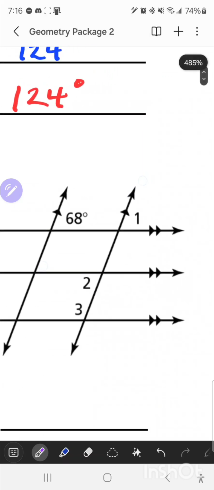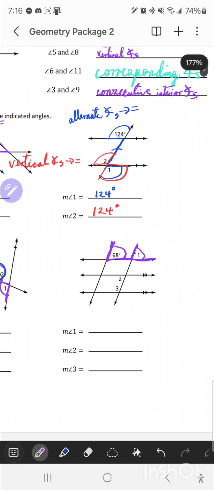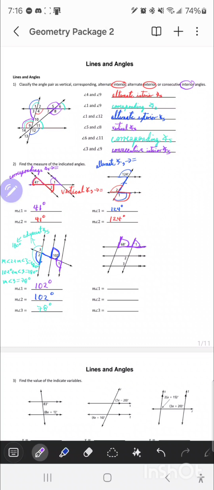First, angle 1. I have 68 here. When I draw the figure, I see that there is an F here. So F goes with corresponding angles.